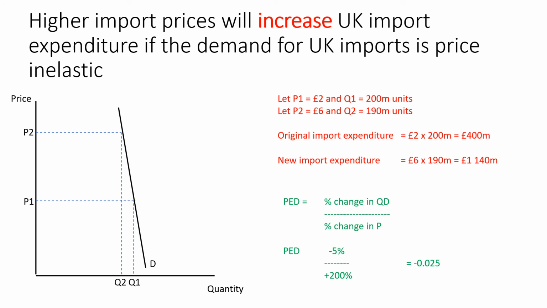The falling quantity demanded was 10 on an original of 200, so that's a fall of 5%. The price increase went from £2 to £6, so that's an increase of 4 on an original of 2, which is a 200% increase. If you put those figures into your PED formula, you get a highly price inelastic demand figure of minus 0.025.